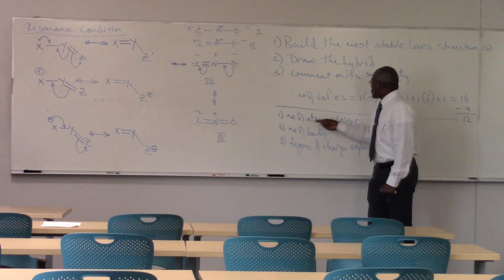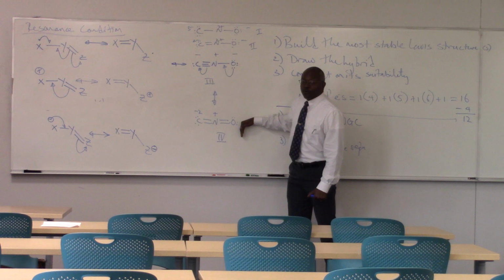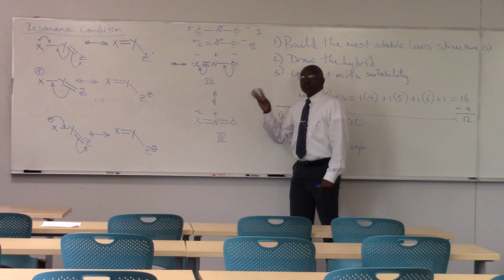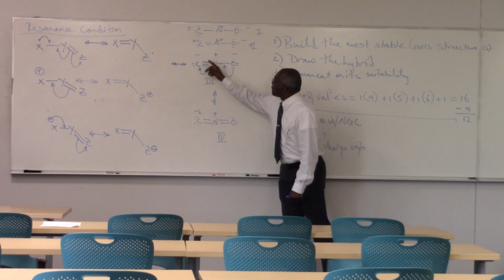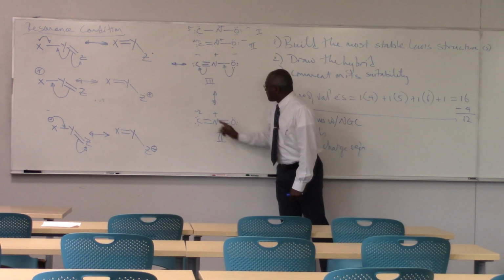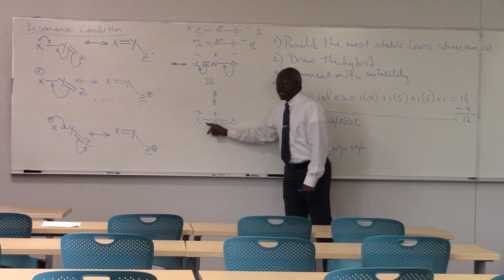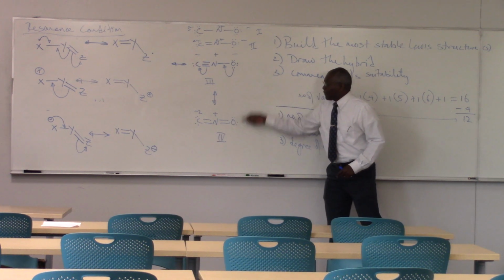So, number of atoms with noble gas configurations. Well, both structures 3 and 4, and only structures 3 and 4, have all 3 atoms with octets, right? 2, 4, 6, 8, for each atom. So, from that perspective, structures 3 and 4 are equivalent.